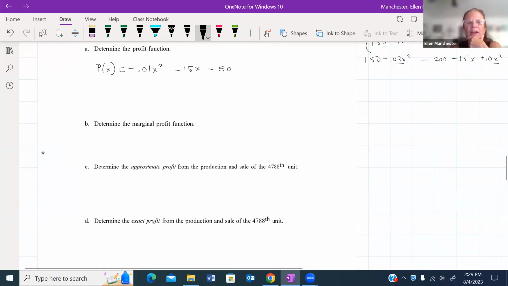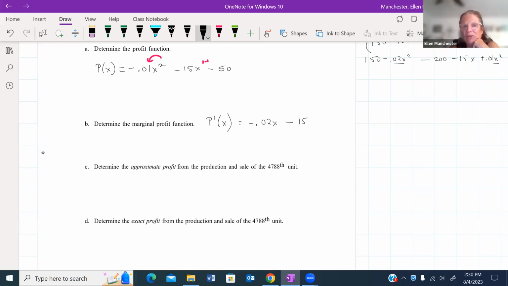Okay, all right. So now we're going to find the marginal profit. So marginal profit using the power rule, I drop the 2 to the front and then subtract 1. So negative 0.02x minus, I drop the 1 to the front and multiply. And then when I subtract 1, I get 0. So it's just negative 15.